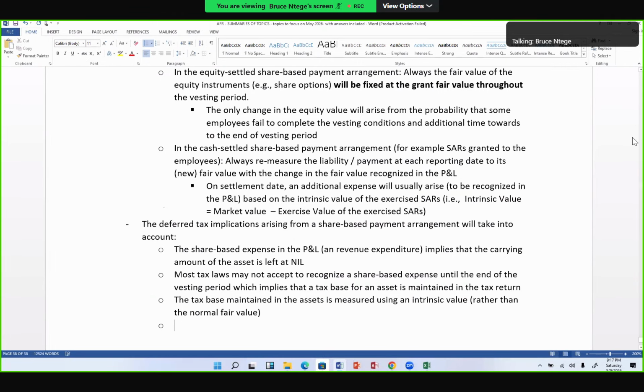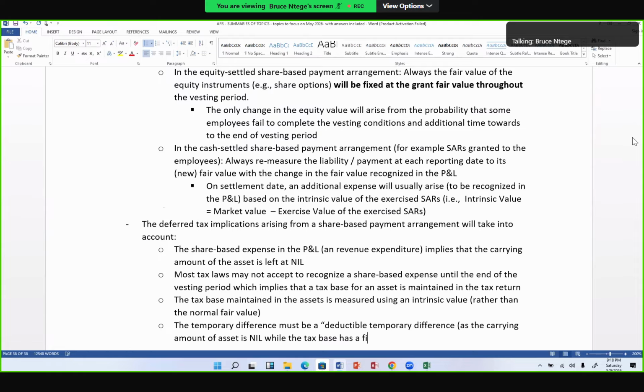So in this case, the temporary difference must be a deductible temporary difference. Why is it a deductible temporary difference? Because the carrying amount of the asset is zero, while the tax base has a figure.